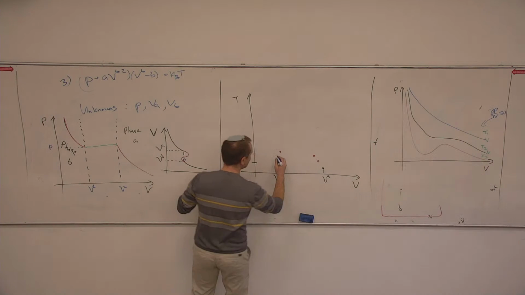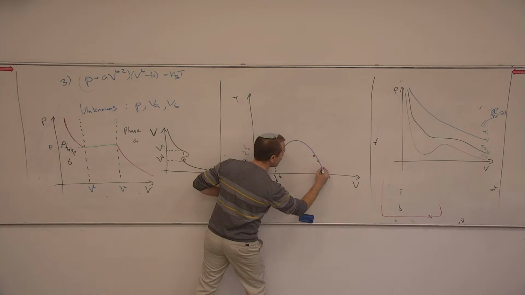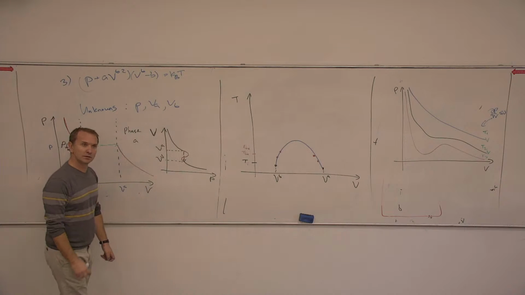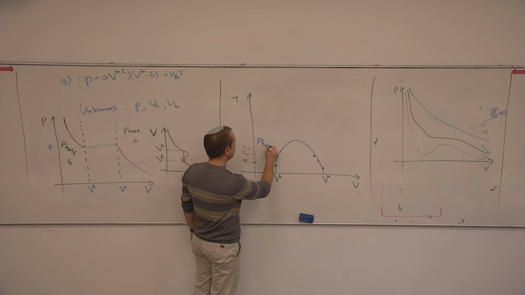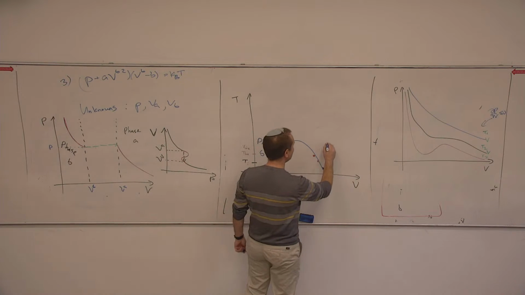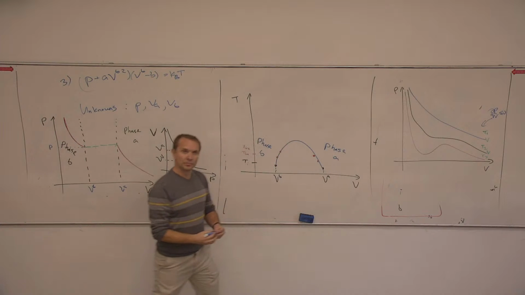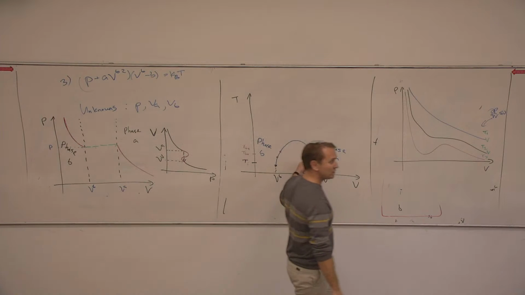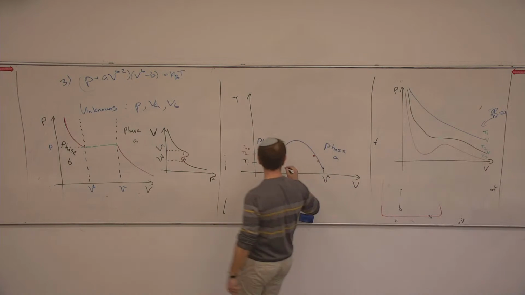But what we are going to observe is something that looks like this. Okay? This is phase B. This is phase A. What is this? This is a forbidden region. Uncharted territory.